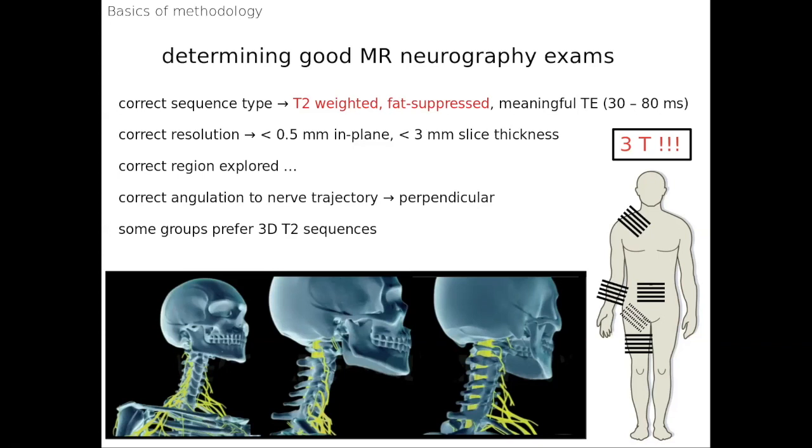So we need to angulate the sequence so that they are perpendicular to the nerve trajectory, so that you can also assess the different nerve fascicles. Of course, some groups prefer more the 3D, 2D sequences, which is also possible. But still, if you want to look at the fascicular pattern, you really need to adapt the sequence according to the nerve trajectory.